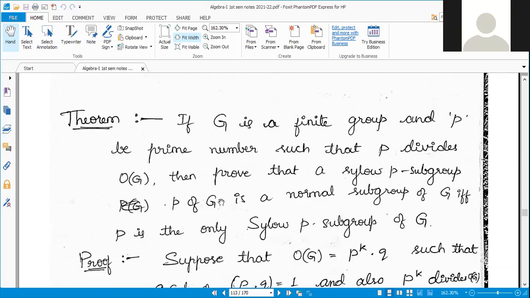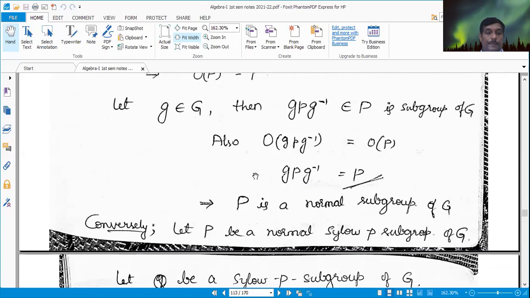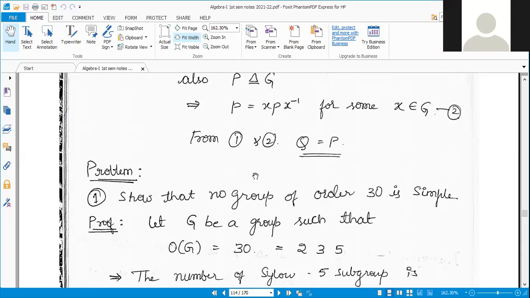And also we proved one of the theorems: if G is a finite group and p is a prime number such that p divides the order of G, then the Sylow p-subgroup of G is a normal subgroup of G if and only if it is the only Sylow p-subgroup of G. This theorem also we proved in the previous class. Today's class we will discuss the simple group.